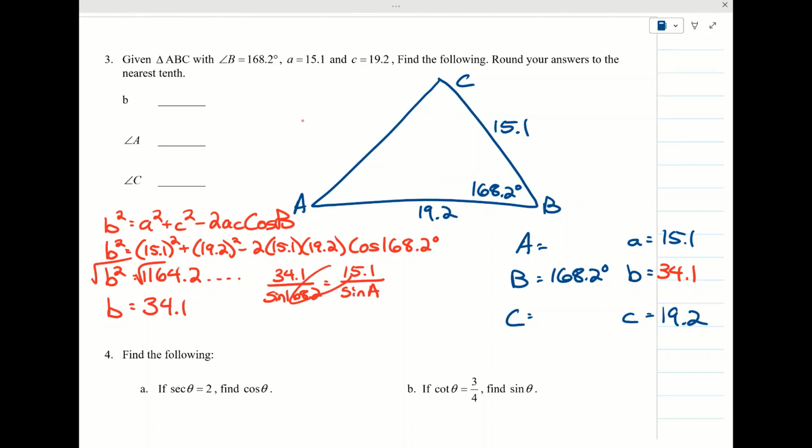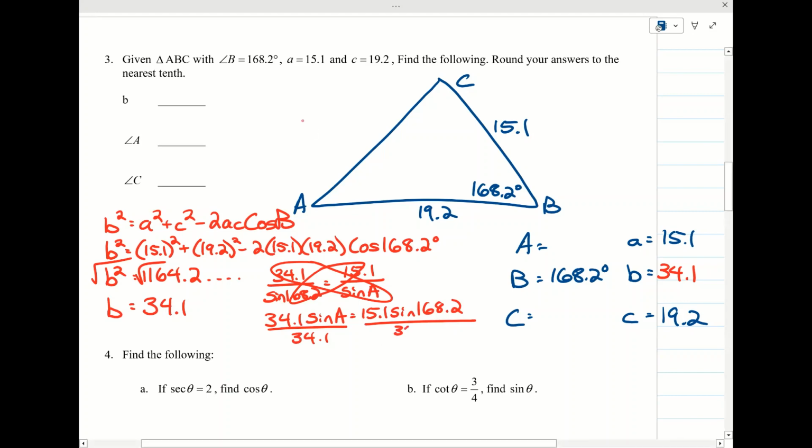If we just cross multiply here, you get 34.1 times the sine of a is equal to 15.1 times the sine of 168.2. Make sure you close parentheses when you type in sine, and divide that by 34.1.